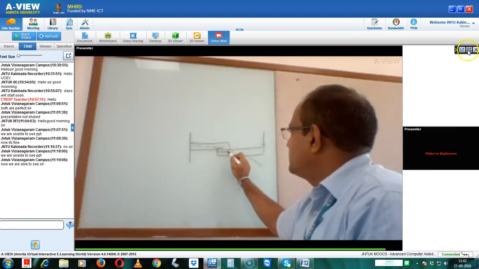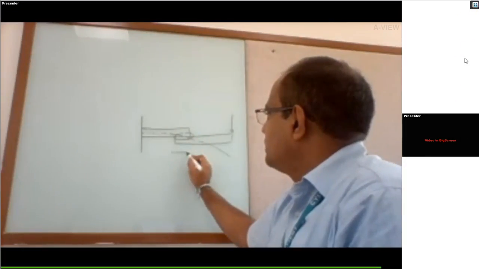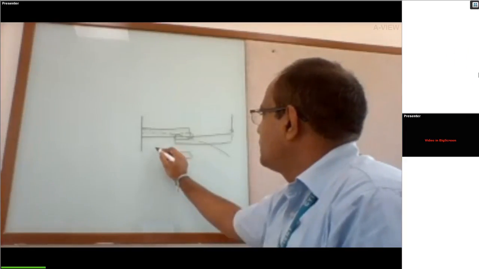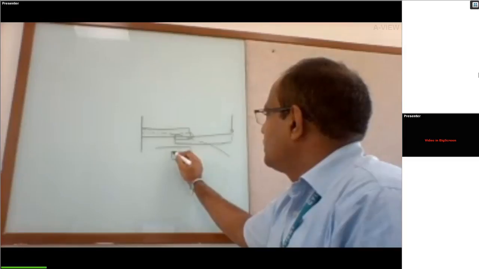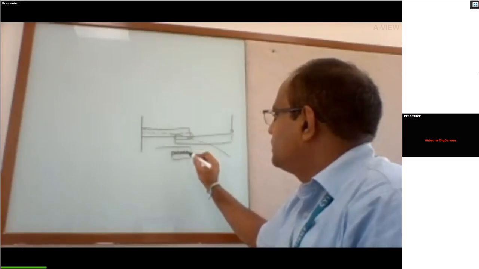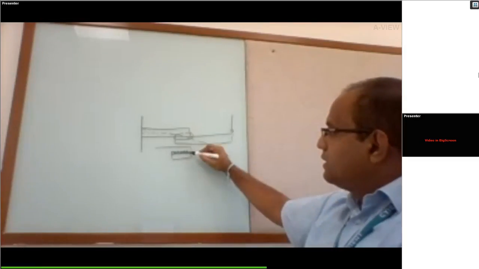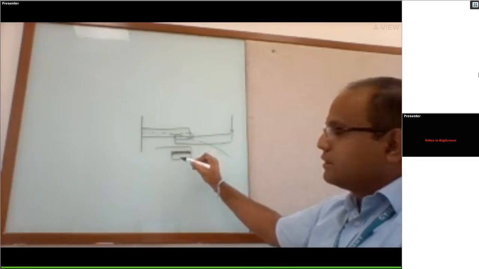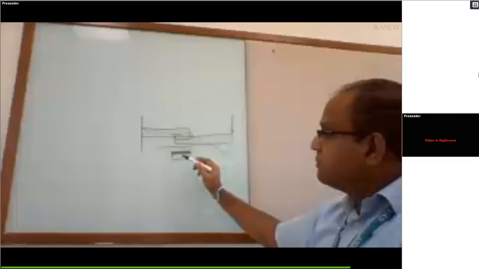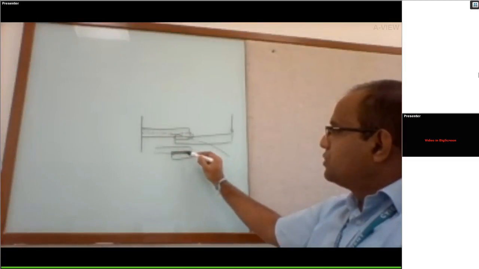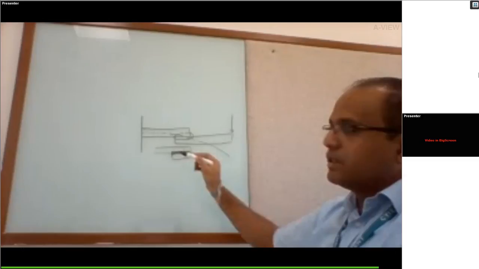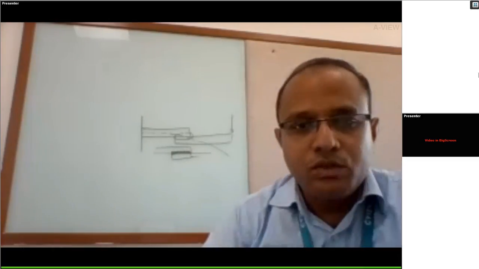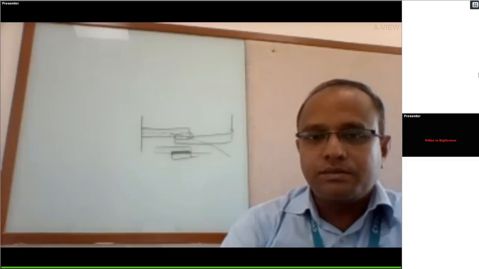At this interface, if they are together, they should be deformed together. The deformation between this component and this component should be the same at the interface. That relation we need to establish using couplings and constraint equations.